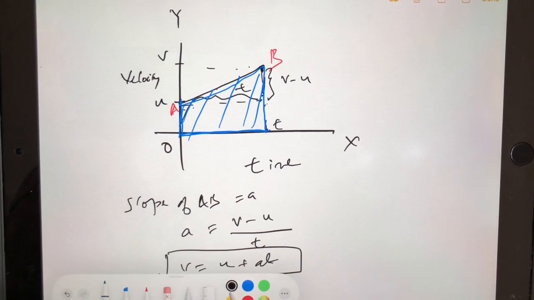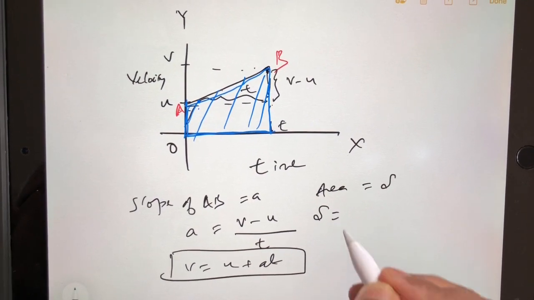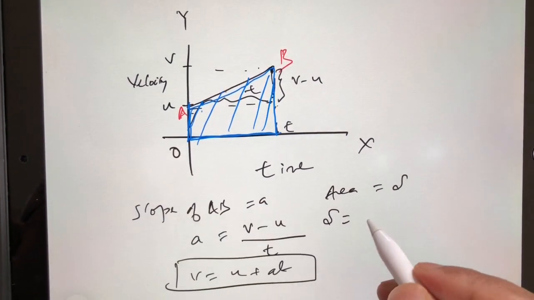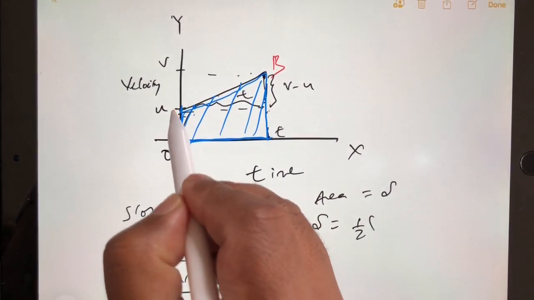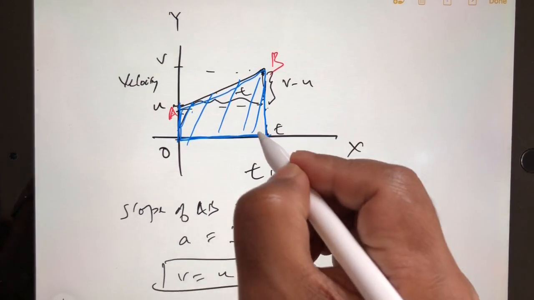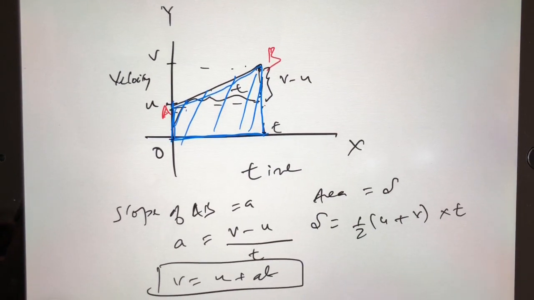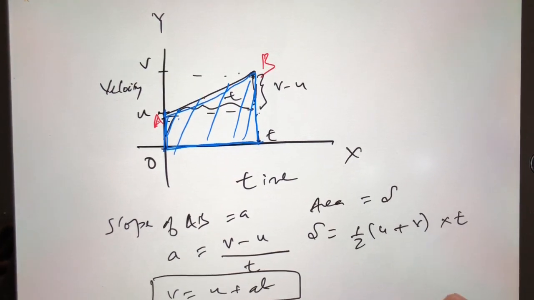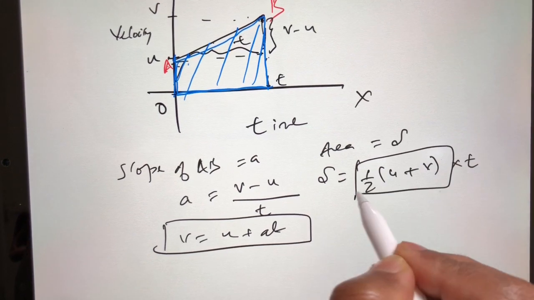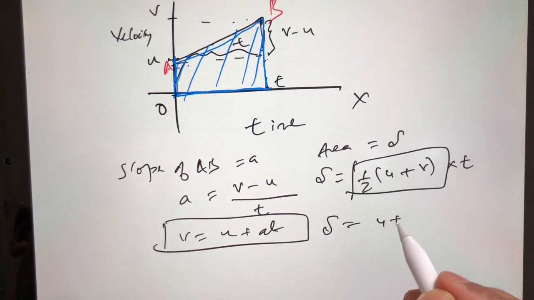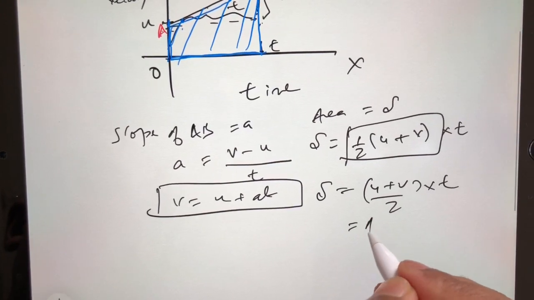Now if you recall, this is a trapezium, so the area is half into the sum of the two parallel sides. From here to here is u, plus from here to here is v, and this is time t. This is an important expression that you need to remember, which I will write as u plus v upon 2 into t, and this is nothing but my average velocity.